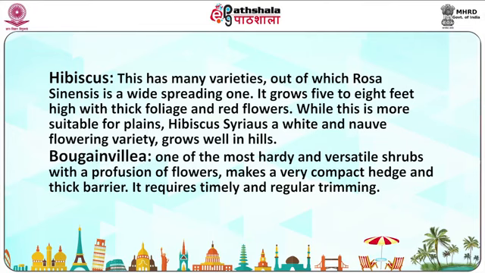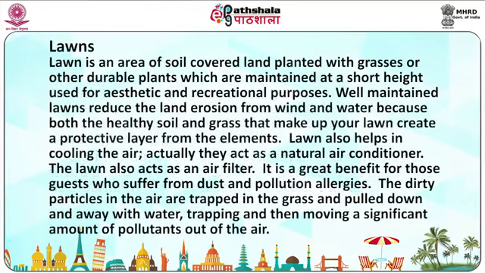It grows 5 to 8 feet high with thick foliage and red flowers. Then last is Bougainvillea. Bougainvillea is one of the most hardy and versatile shrubs, with a profusion of flowers. It makes a very compact hedge and thick barriers. It requires timely and regular pruning.